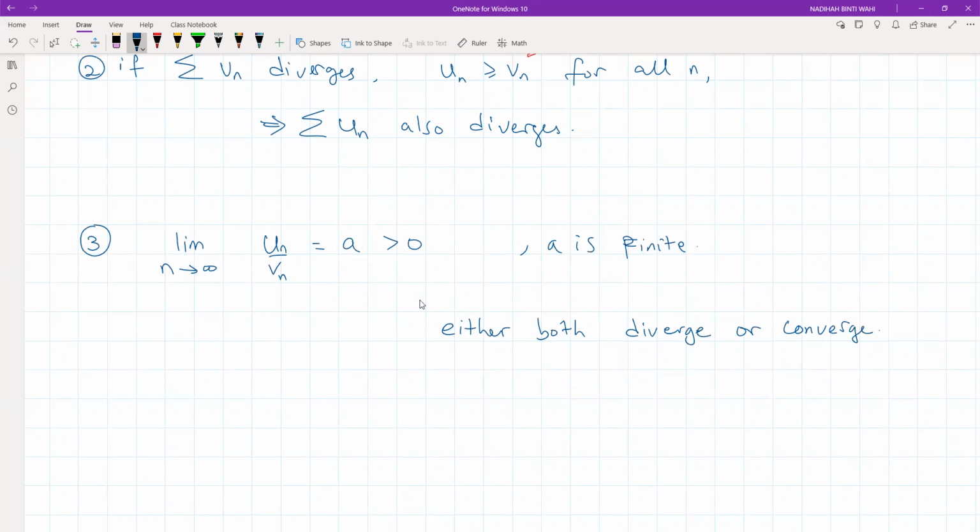What if it's equals to 0? If A is equals to 0, no conclusion. Isn't that 0 is a really nice number? Okay, let's see some examples.